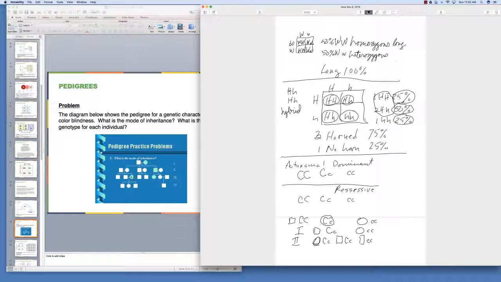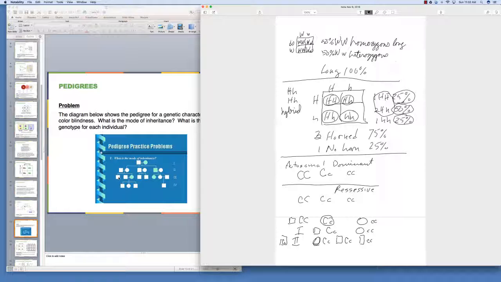If you have an affected daughter here, that means this guy had to pass a little c to her as well. So that male also has to be cap C little c in order to have a child that's affected. And this child is little c little c.